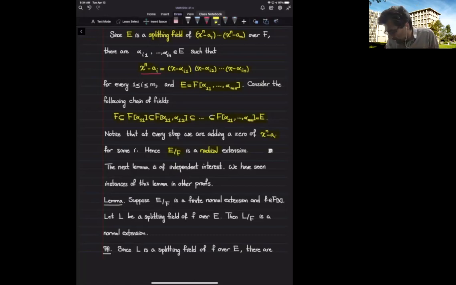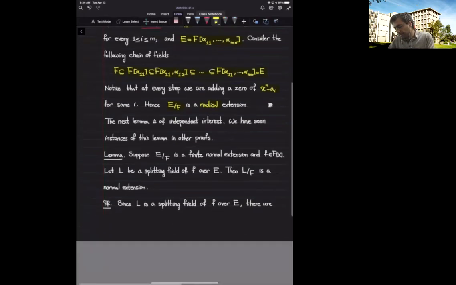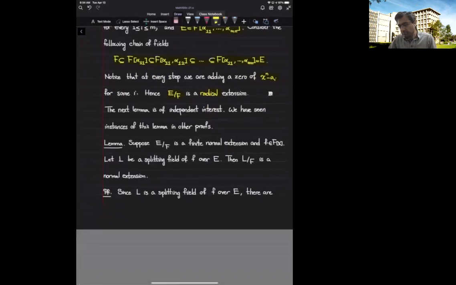Now, the next lemma is actually extremely important in other places as well. So let's pay attention to the next lemma and try to digest it. So what does it say?